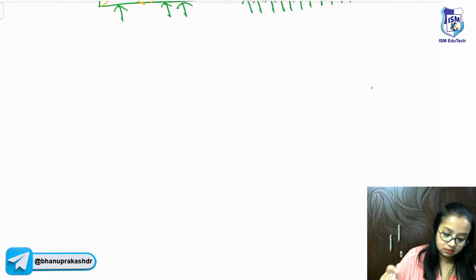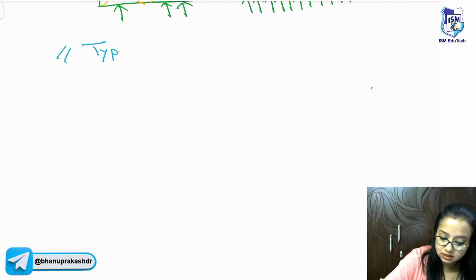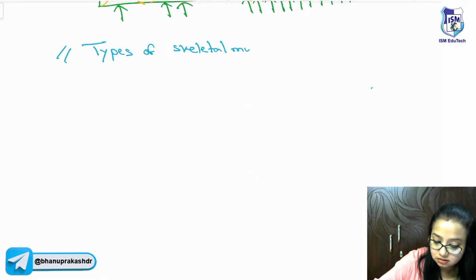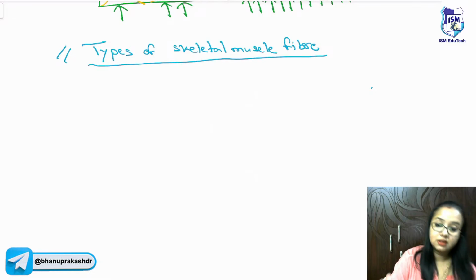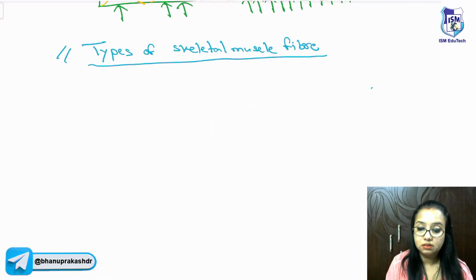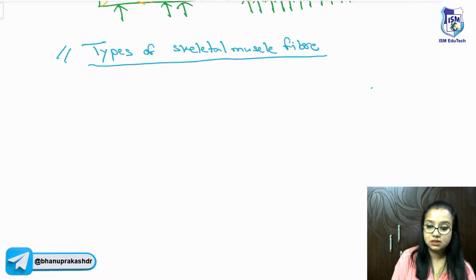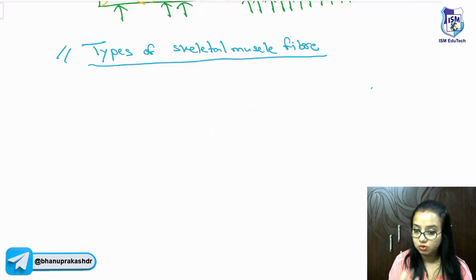Coming to the types of skeletal muscle fiber. The skeletal muscle fiber is of more than one type.